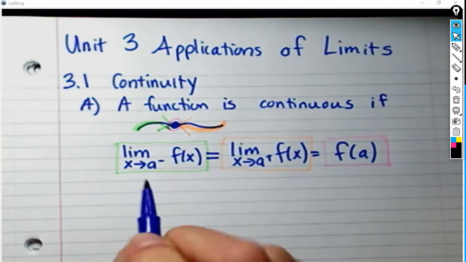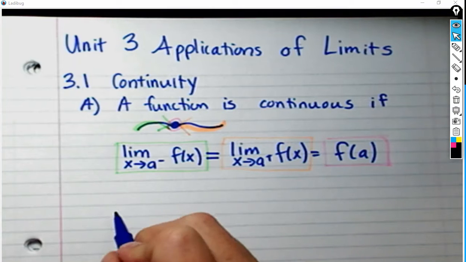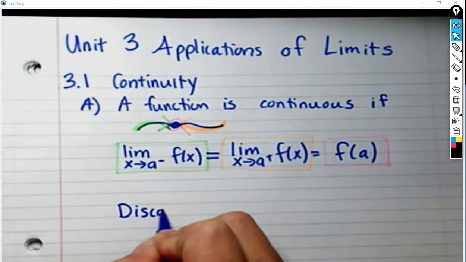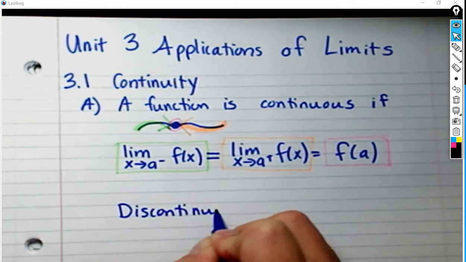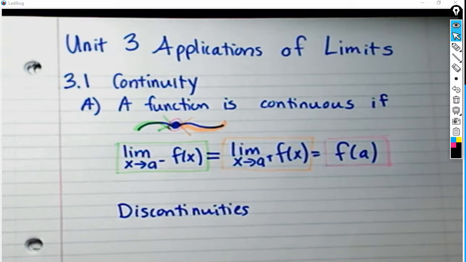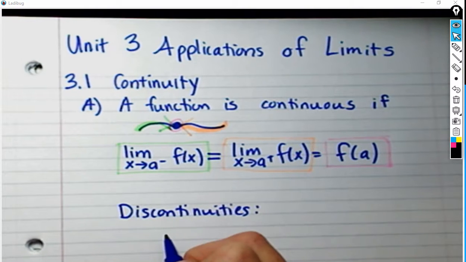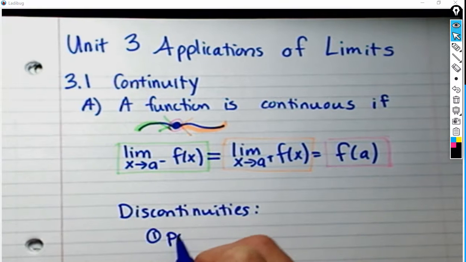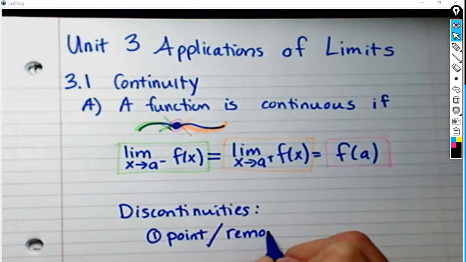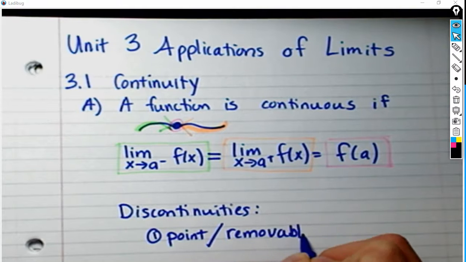Okay, so now we're going to do a couple more vocab words. We're going to talk about discontinuities, and then we'll use the definitions. Discontinuities. We have the first one, which is called point or removable.